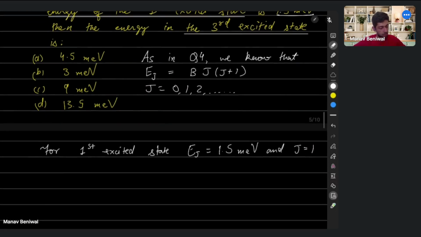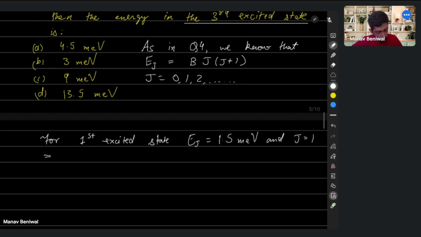So this implies J times J plus 1 will be 1 times 1 plus 1, which is 2, so 2 times B is 1.5.